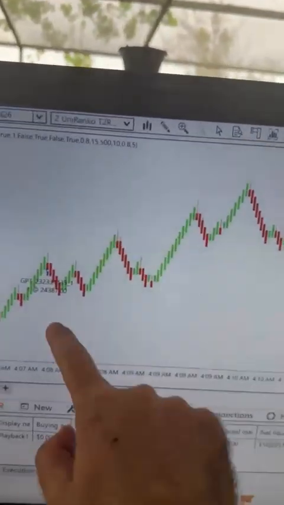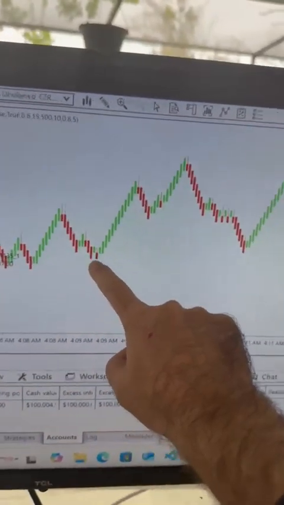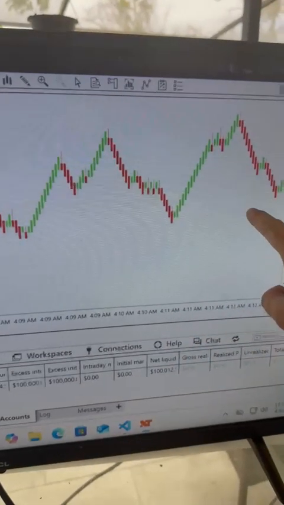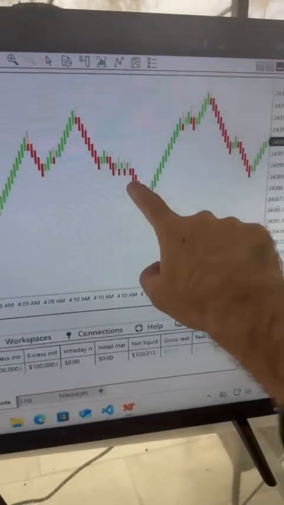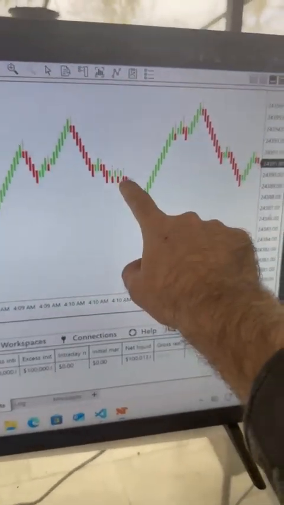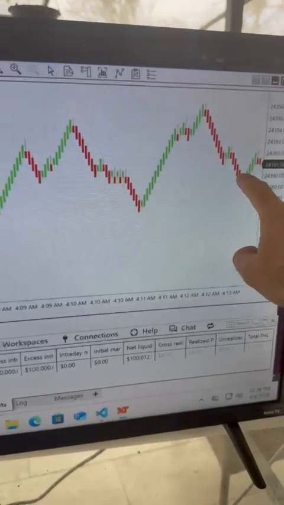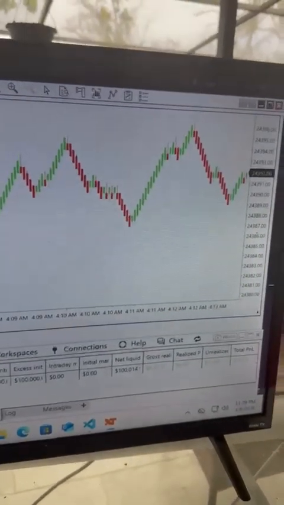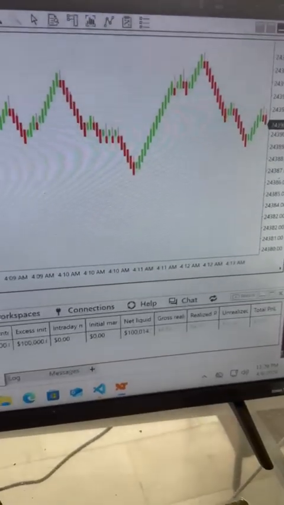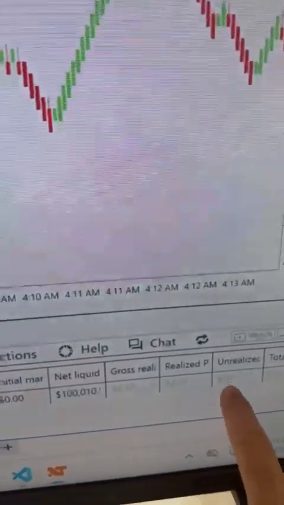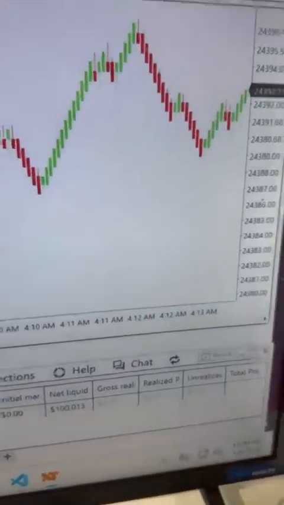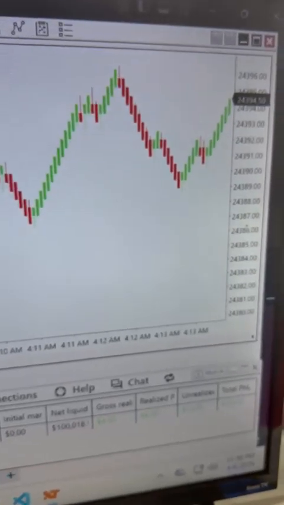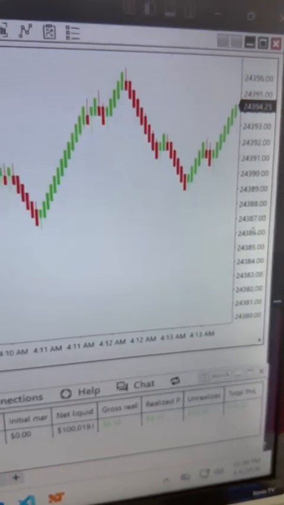So you're still holding the trade, right? There is that little congestion area. It bounced back from here. We are still positive on the trade. Okay, now buyers step in.